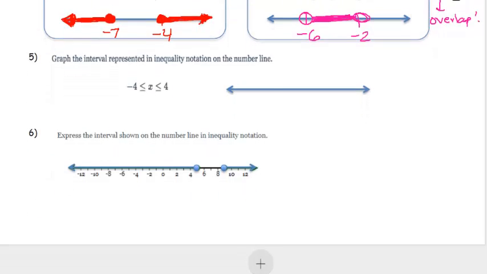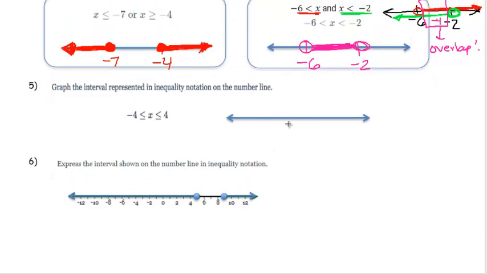So give this one a try now. What would this look like? Look how it's written, right? It can be written either way. It can either have the word and, or it can be sandwiched in between these numbers. So your answer should be an interval between -4 and 4 and filled in circles.